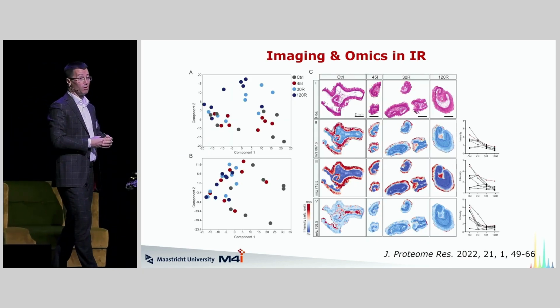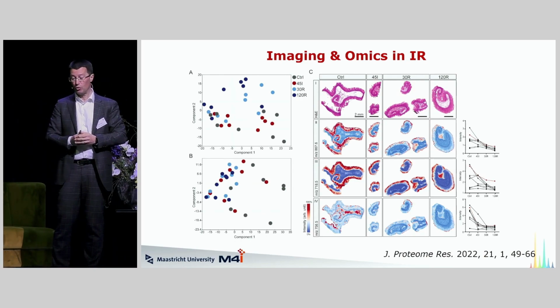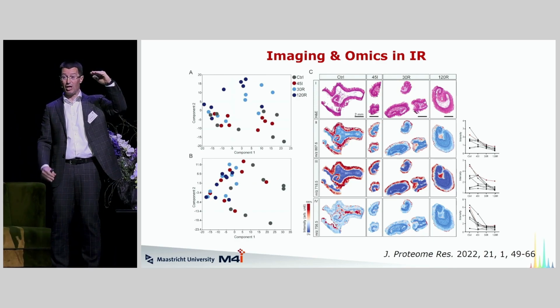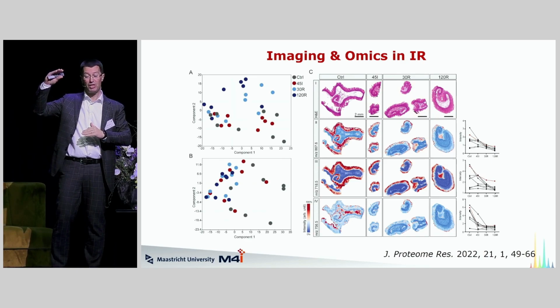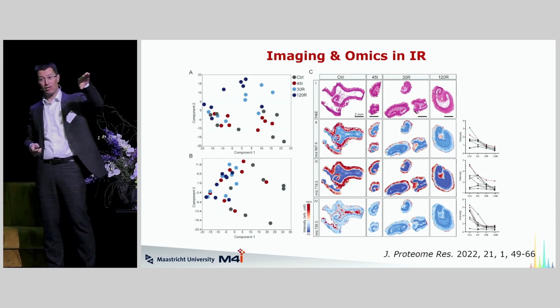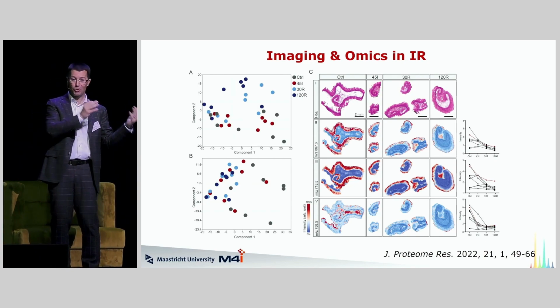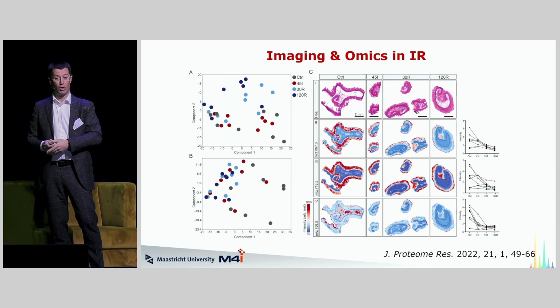Well, first of all, we see beautiful cellular classification. And not only that, but we also find the ischemia and the reperfusion injury back in the proteomic signatures that we see. And you can look at the behavior. It's a little bit similar to what Yvonne was showing based on her targeted proteomics, but this is now fully untargeted.